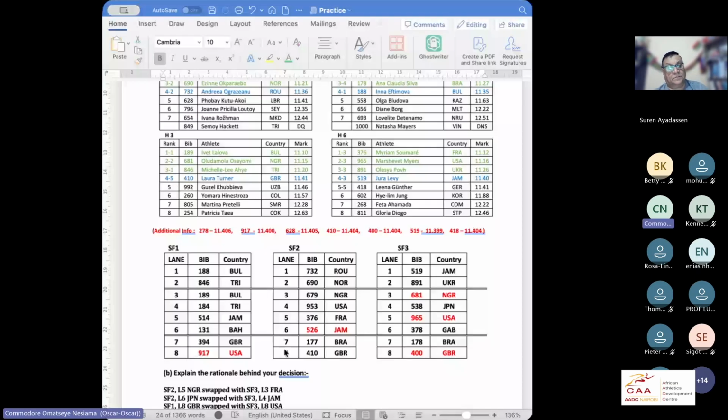Lanes 3, 4, 5, and 6 will be for the highest ranked athletes, while lanes 2 and 7 will be for the 5th and 6th ranked athletes, and 1 and 8 for the lowest ranked athletes.